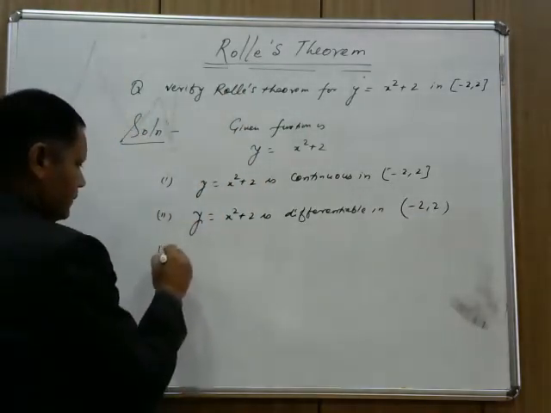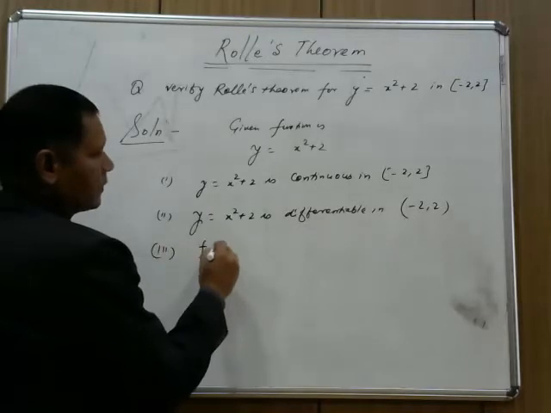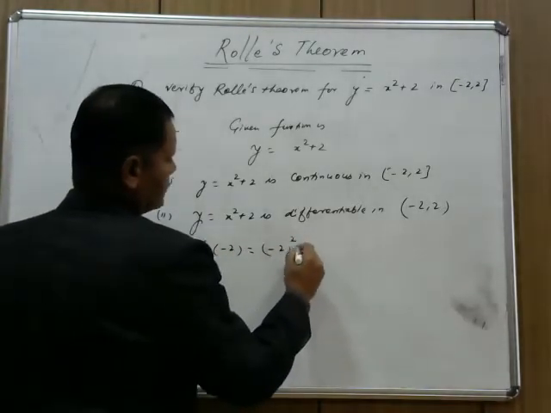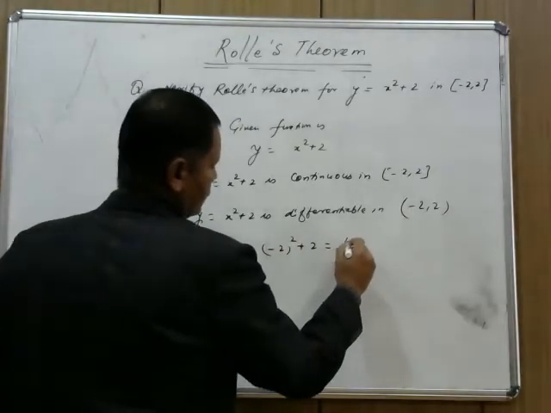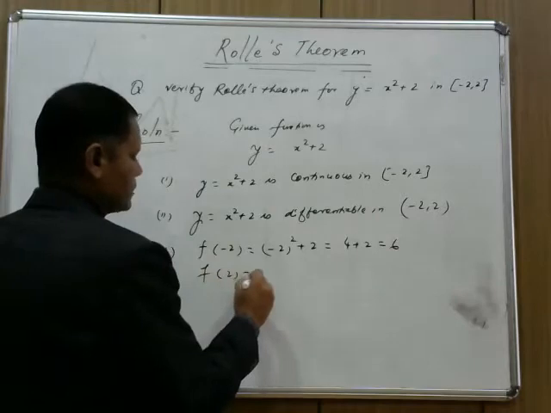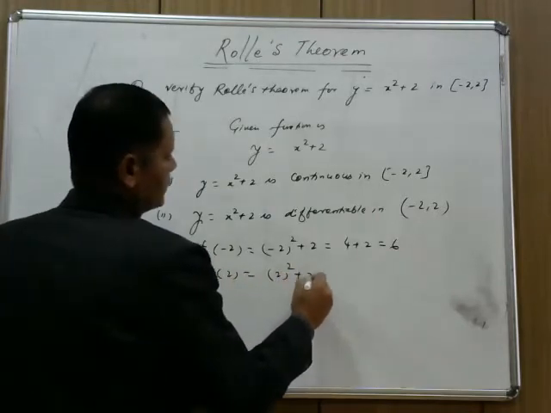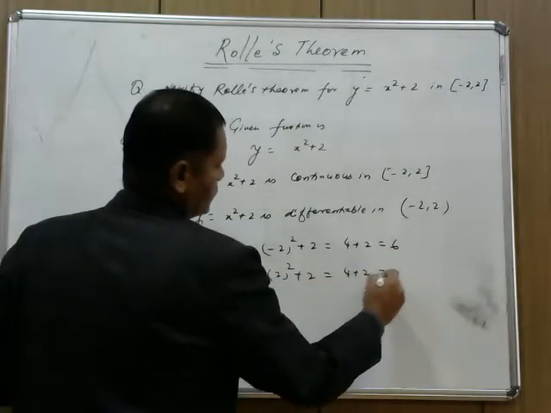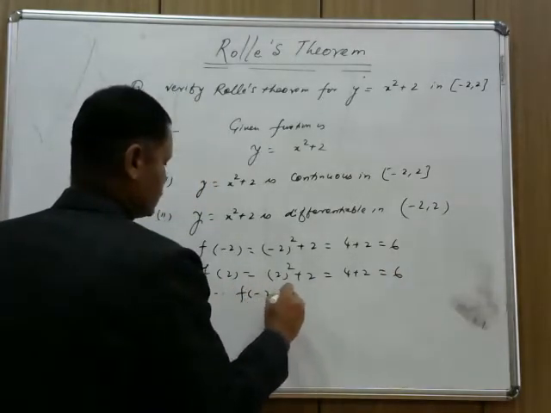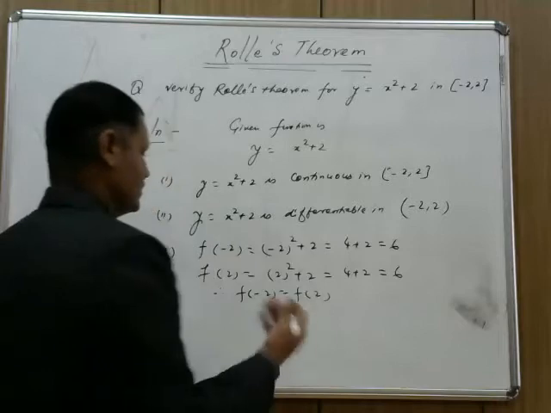Now the third, f of minus 2 is equal to minus 2 whole square plus 2 is equal to 4 plus 2 is equal to 6. F of 2 is also 2 whole square plus 2, 4 plus 2 is equal to 6. That means f of minus 2 is equal to f of 2. F of a is equal to f of b.